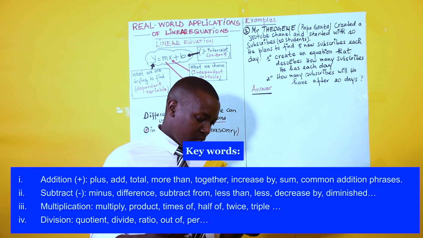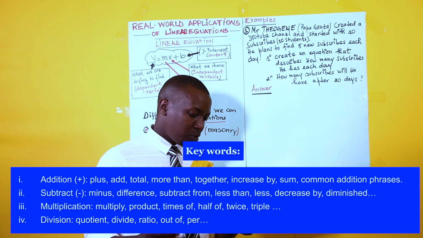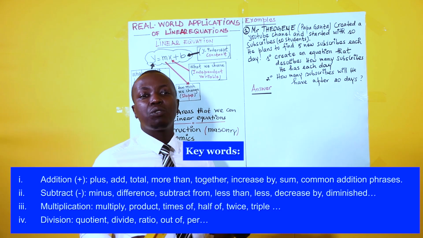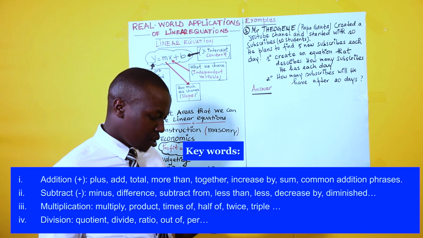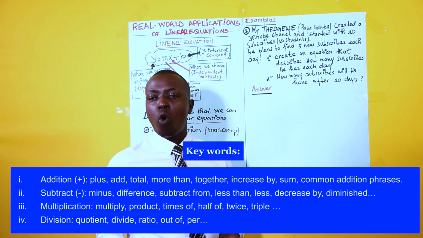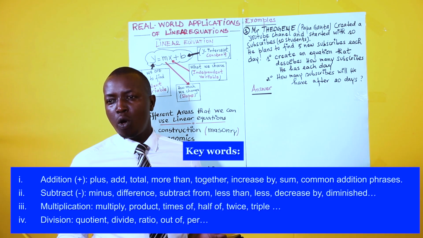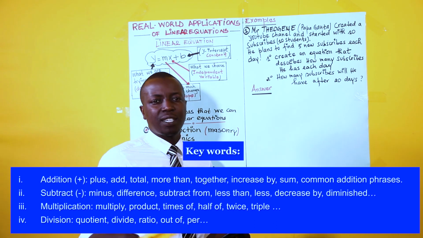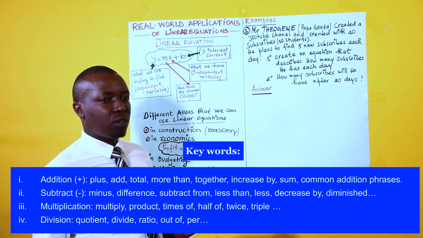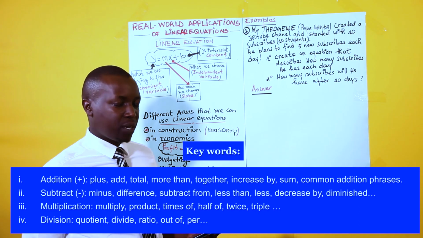Another set of phrases indicates multiplication: multiply, product, times, half of, twice, triple, meaning 3 times, twice meaning 2 times. These tell you that you have to multiply.